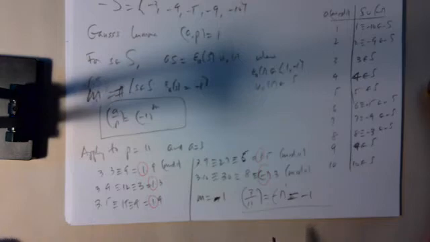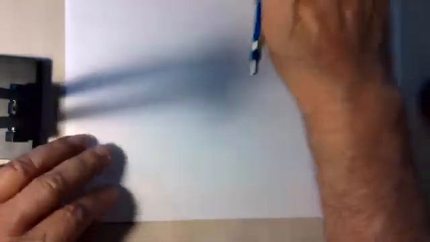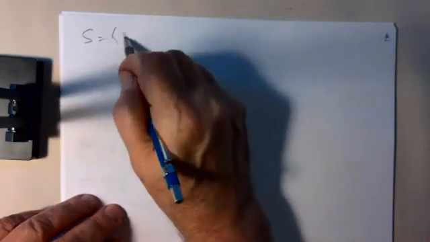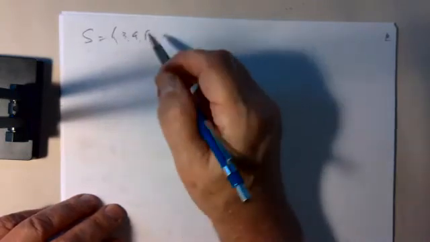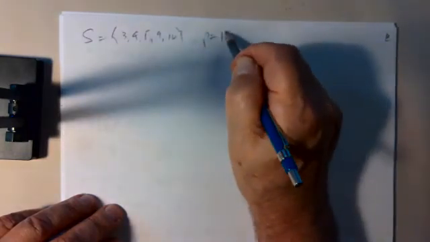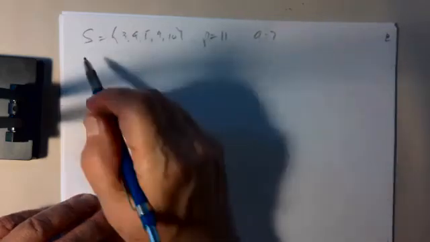The second part of the problem was to use Gauss's lemma applied to the number 7. So our Gaussian set is 3, 4, 5, 9, and 10 with respect to the prime 11, and we're taking the number a equal to 7.